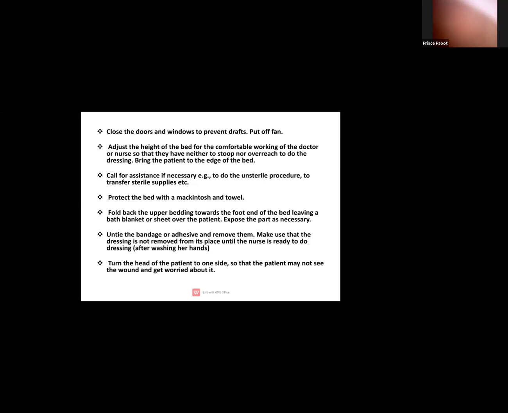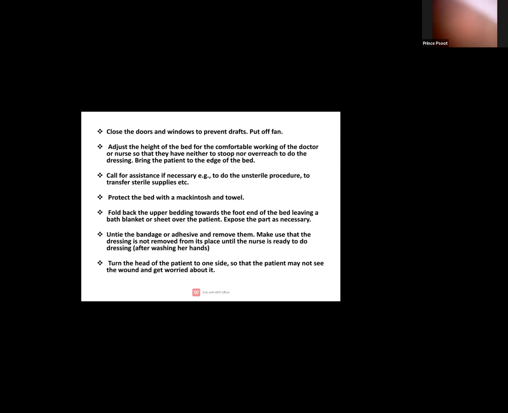After washing her hands, you turn the head of the patient to one side so that the patient may not see the wound or get worried about it. Now, this is, I would say, personal, by will or by choice. If the patient doesn't feel comfortable seeing his or her injury, you can turn the head to one side and even create a barricade, like a screen.